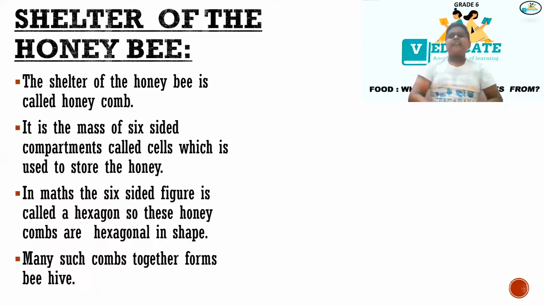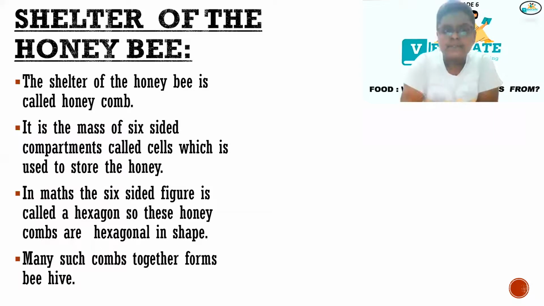Now the shelter of the honeybee in brief. The shelter of the honeybee is called the honeycomb. A honeycomb is a mass of six-sided compartments called cells, which are used to store the honey.